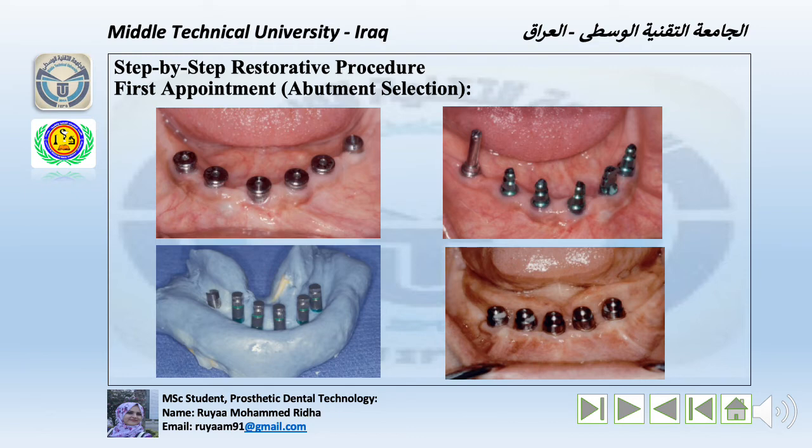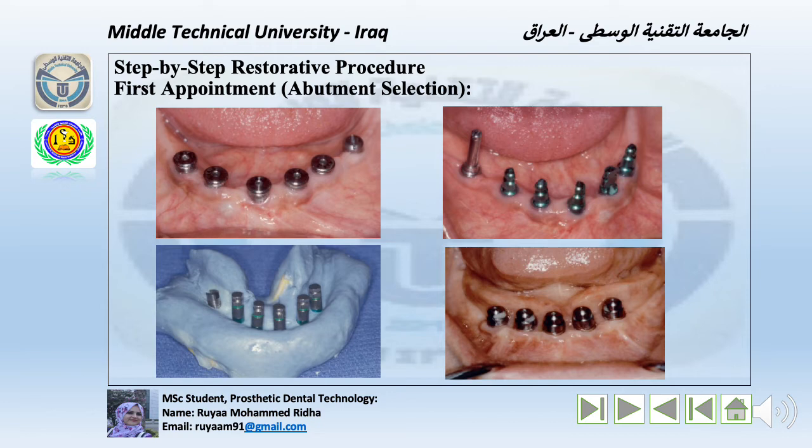The procedure starts by removing the premucosal extension and selecting the abutments for screw retention, then placing them into the implant body. Remember that the abutment for screw retention platform is usually placed 2 mm above the tissue in the mandible to facilitate daily home care.